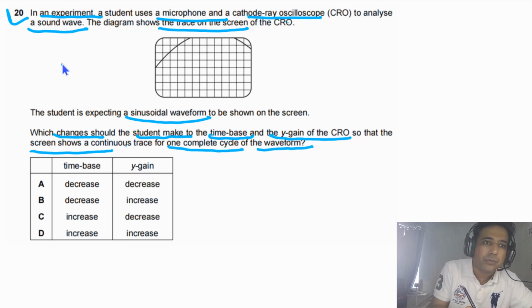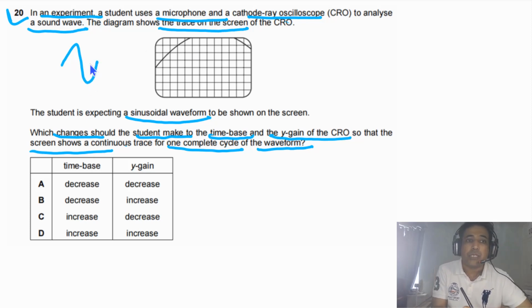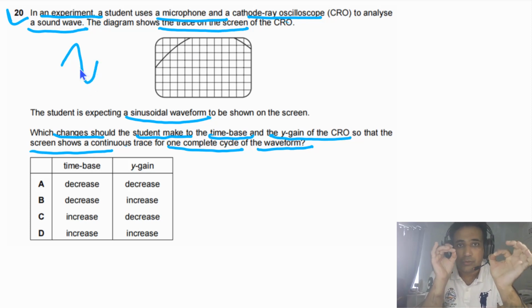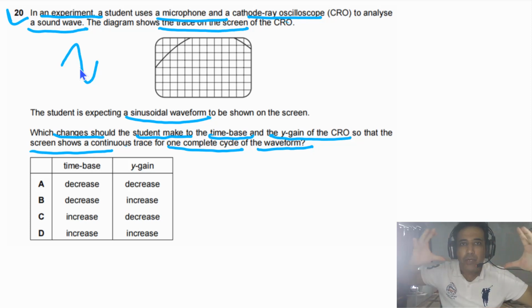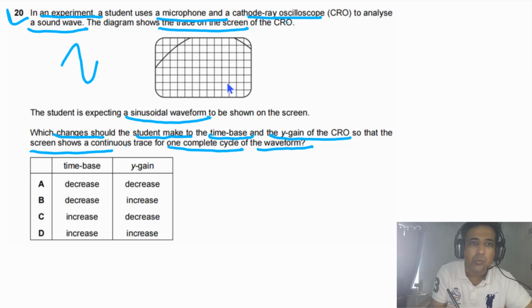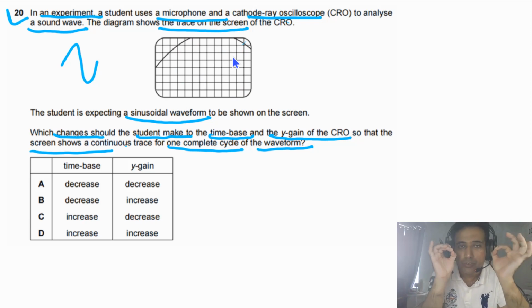So in this case, the student is expecting to see this on the screen, but cannot see it. It means the student cannot see one complete cycle of the wave, so it simply means that the wave is very big. So how can we make this wave to be seen on the screen?